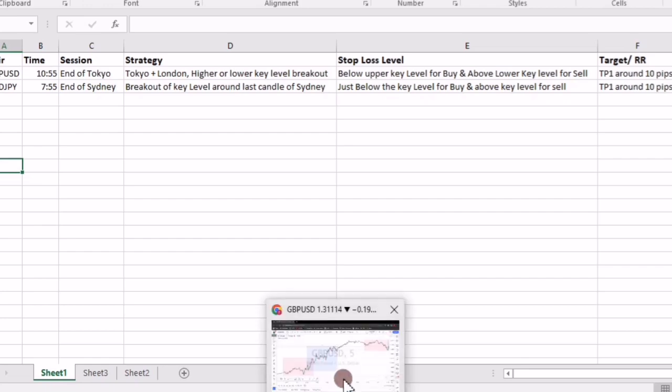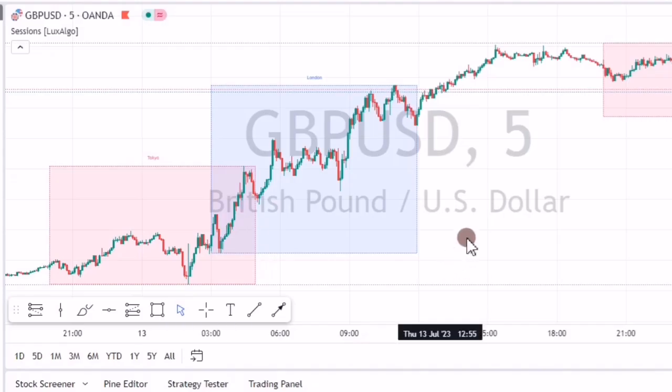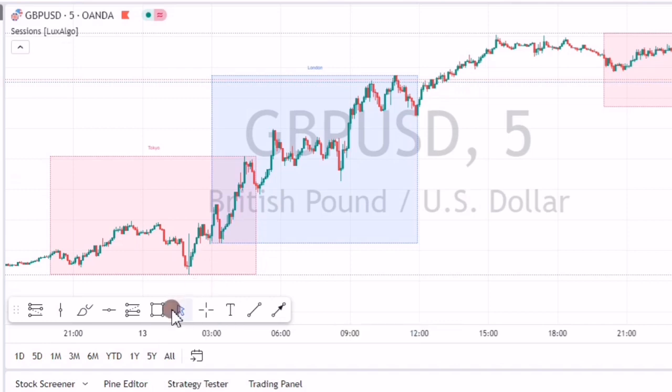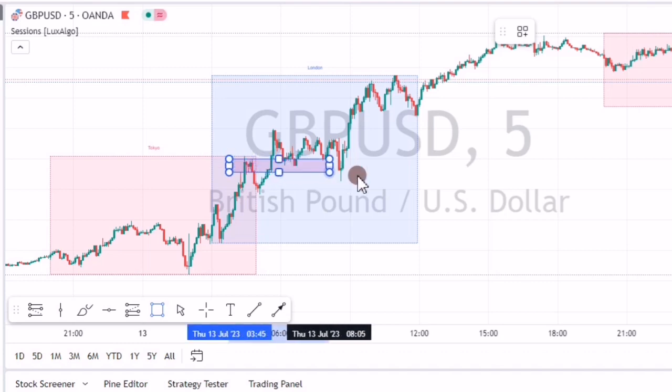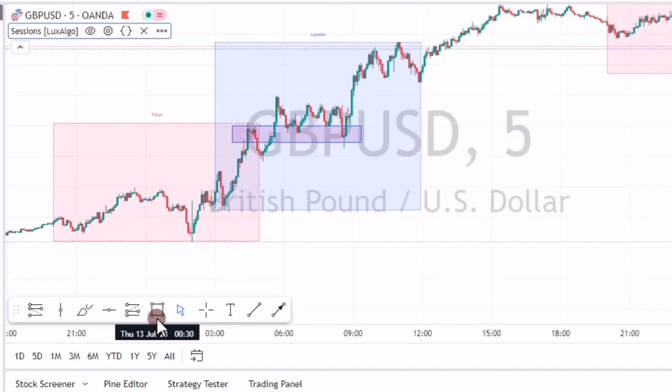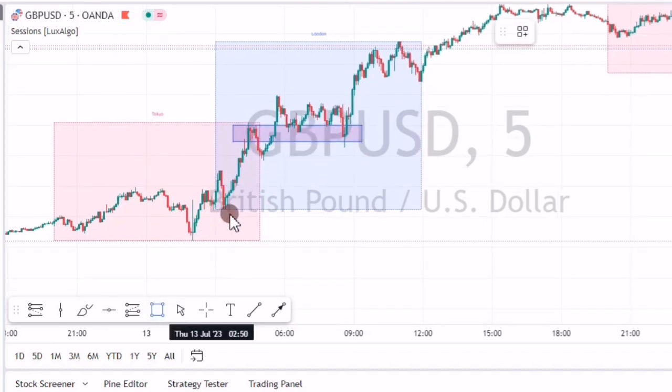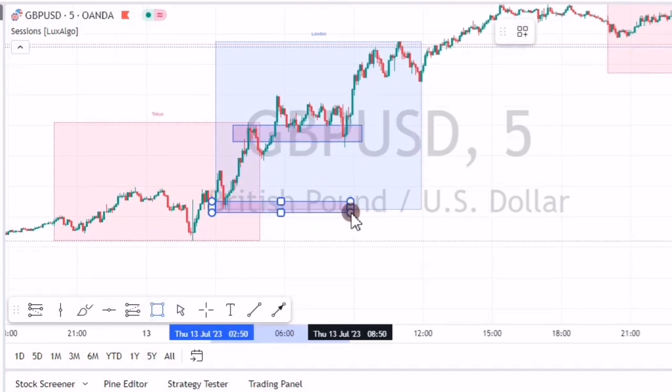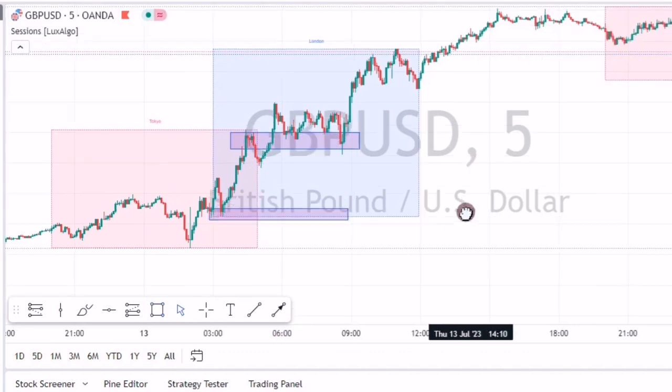So let me show you my script so I understand it. It says higher or lower key level breakout at Tokyo plus London, which means where Tokyo is overlapping with London, you mark the highest point and then you mark the lowest point. That is where Tokyo overlaps with London.